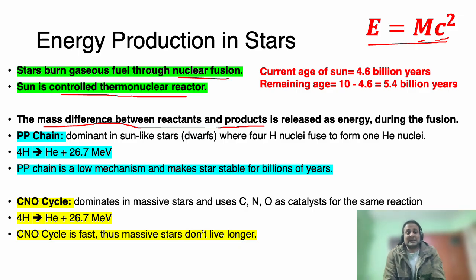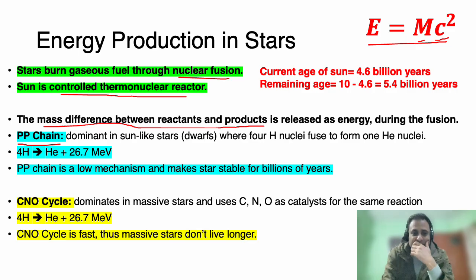Now there are two methods by which hydrogen nuclei can fuse into helium nuclei. One is called the pp chain, or the proton-proton chain. Keep in mind that the hydrogen nuclei is actually a proton.